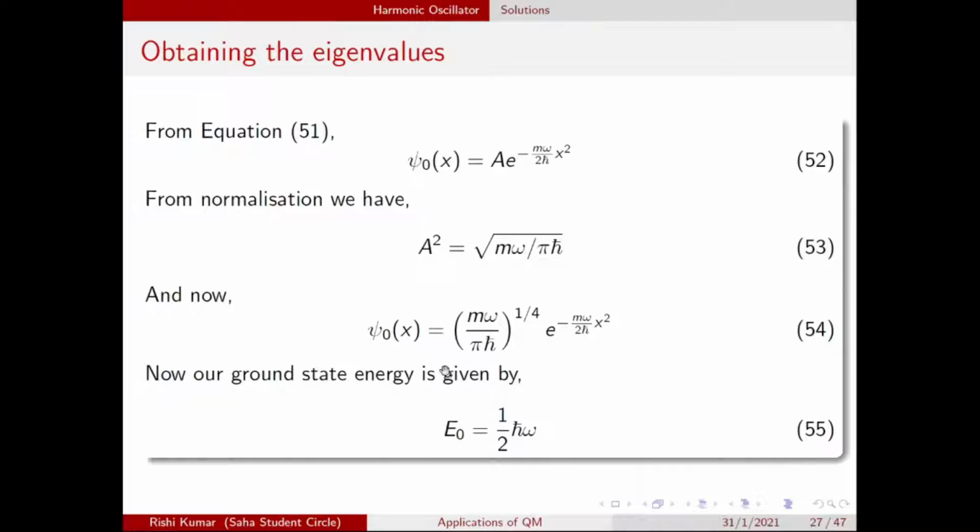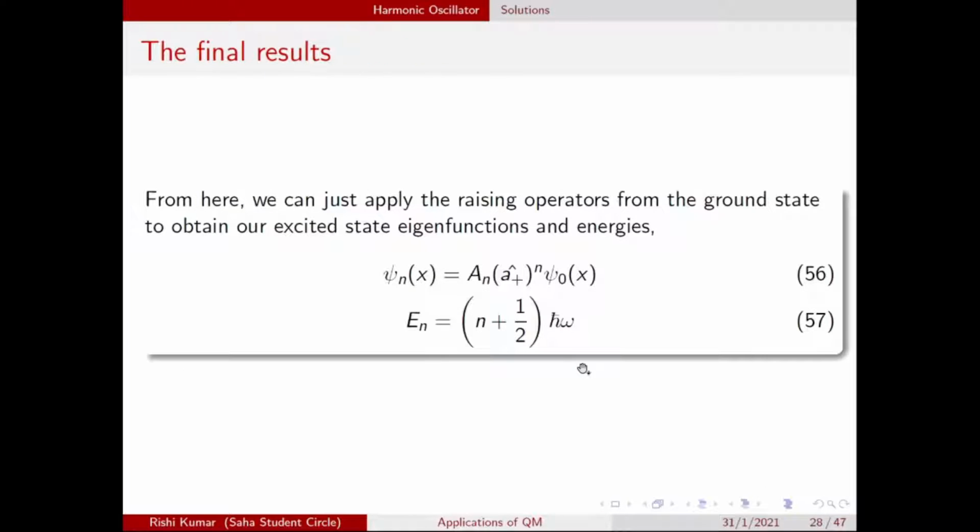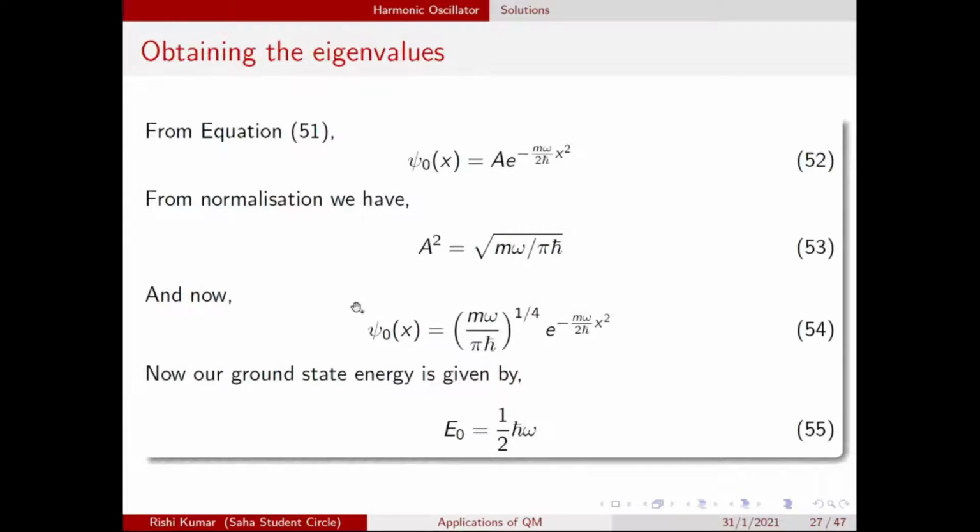So now if you investigate this, we have that E naught is simply equal to 1/2 h bar omega, right? So from here we have our ground state wave function and our ground state energy.